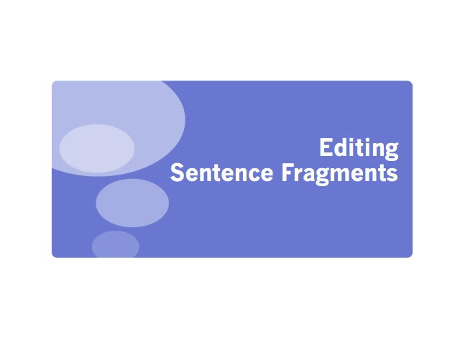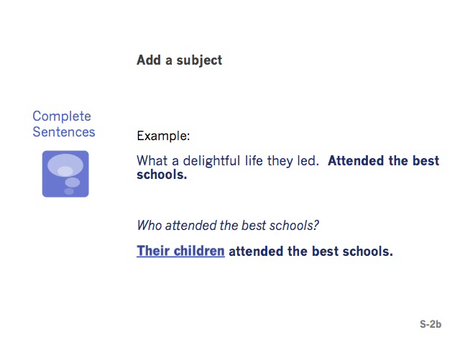Now that you can identify a sentence fragment, what can you do to edit or fix it? If you've identified a sentence fragment that is missing a subject, simply add a subject. Here's an example.